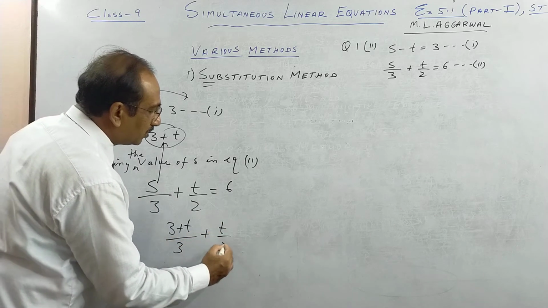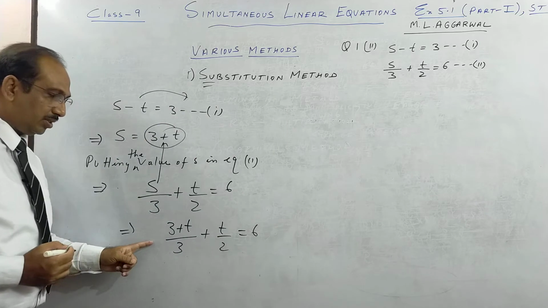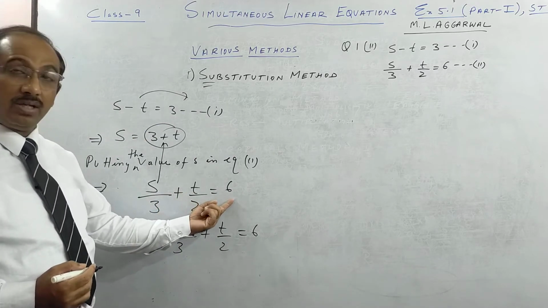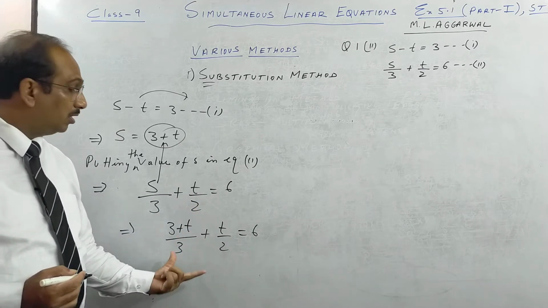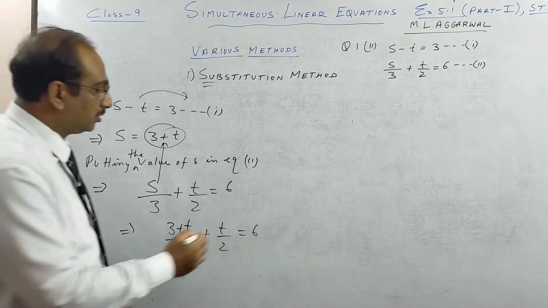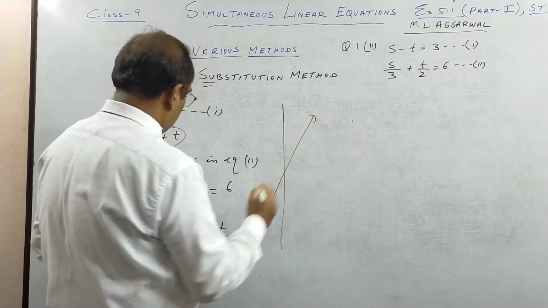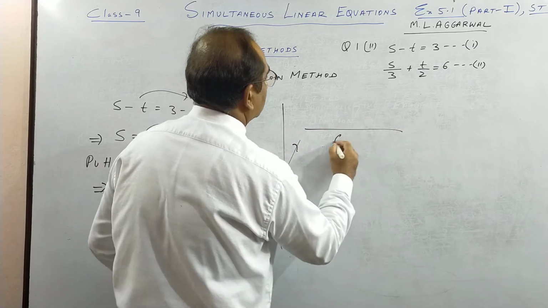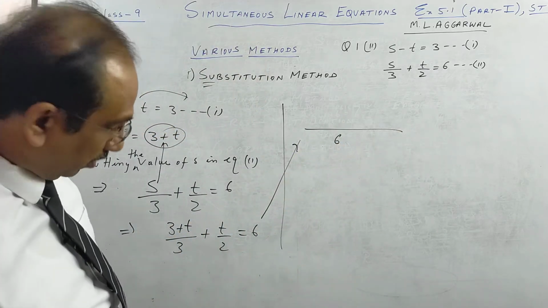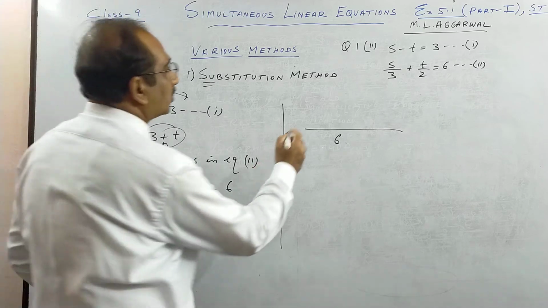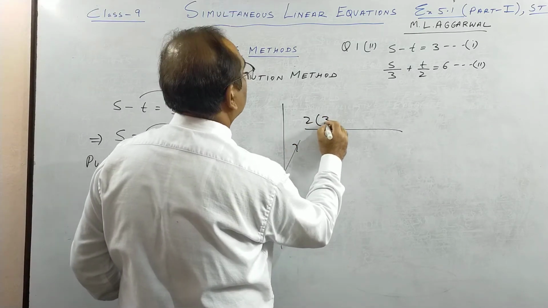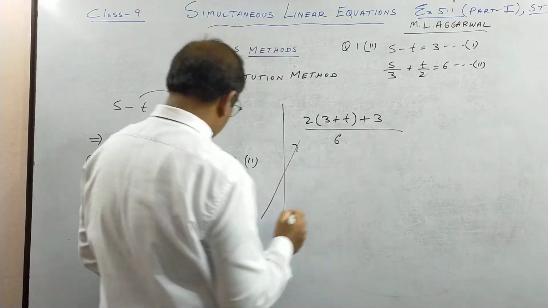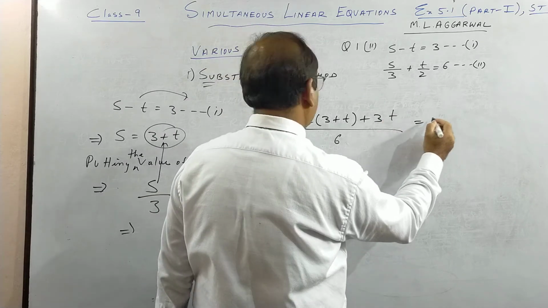So finally what do you see, children? This equation becomes a simple linear equation. There were 2 unknowns in one equation. Now there is 1 unknown in one equation. It is now very easy to solve. You know we can take LCM as 6. 3 will go 2 times, so this will be 2 into 3 plus t, and 2 will go 3 times, so 3t, is equal to 6 into 6.